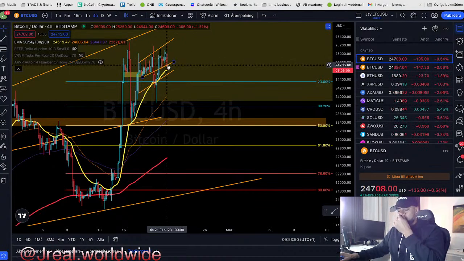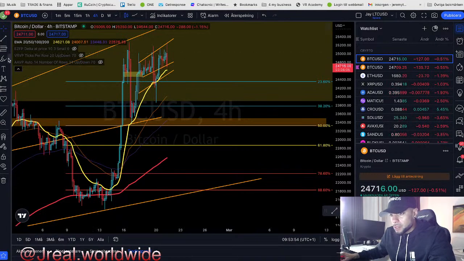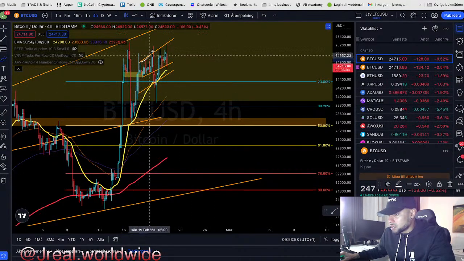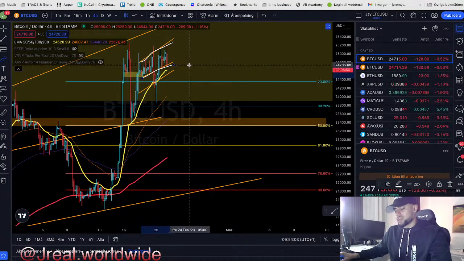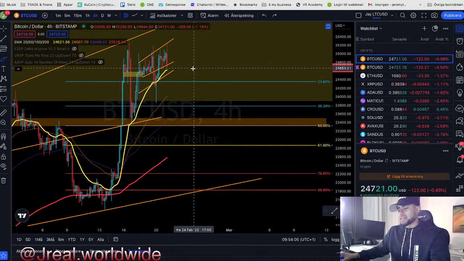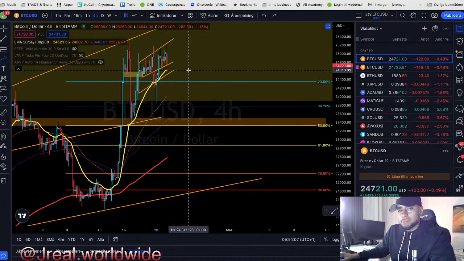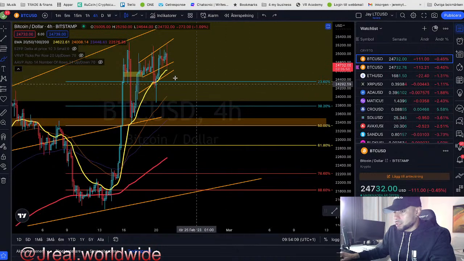Bitcoin is experiencing a lot of volume right now, a lot of sell pressure, and in the meantime, we have this flag pattern forming here, indicating bullish confirmations.